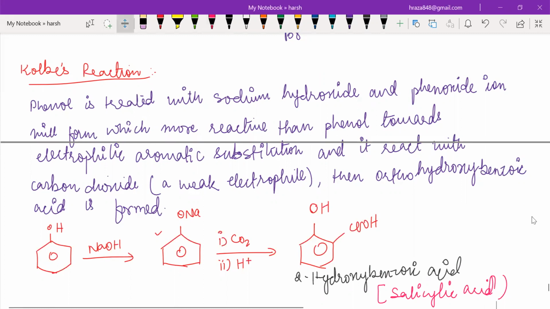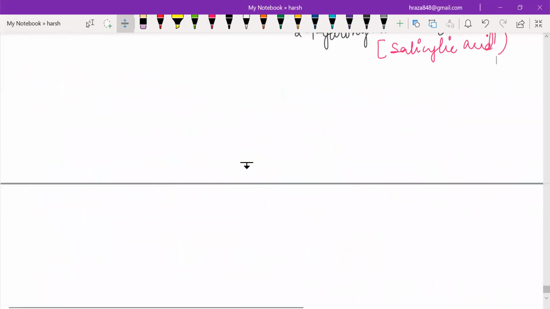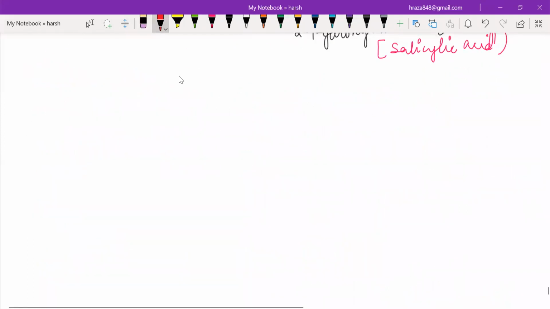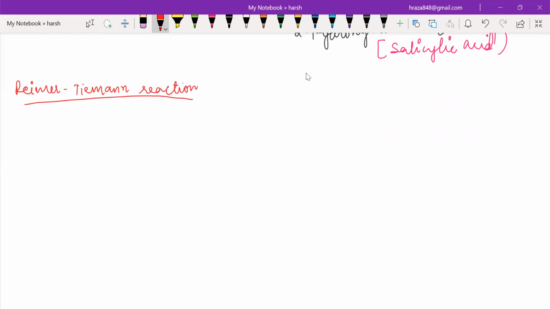Now the next reaction you can see is the Reimer-Tiemann reaction, which is very important. When I gave my 12th board, this question was asked. So what is this Reimer-Tiemann reaction?